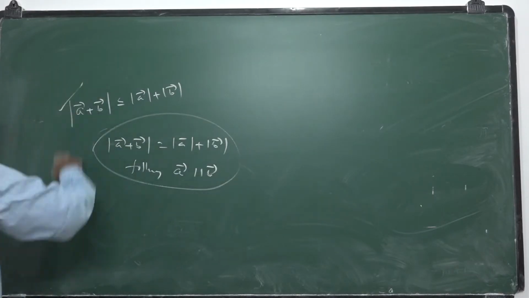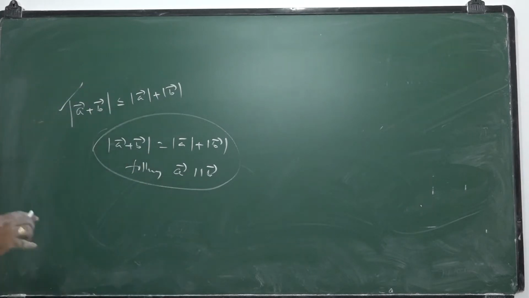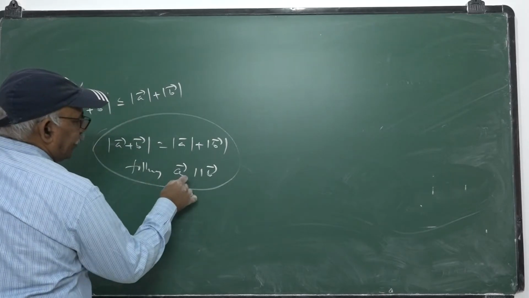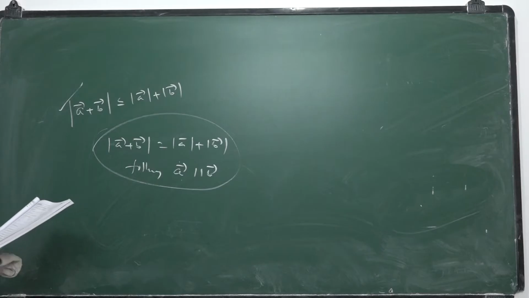This is triangle inequality; instead of inequality, I am just taking equality. Equality holds in this case only whenever A bar is parallel to B bar. That is the concept that we evaluated in this problem.